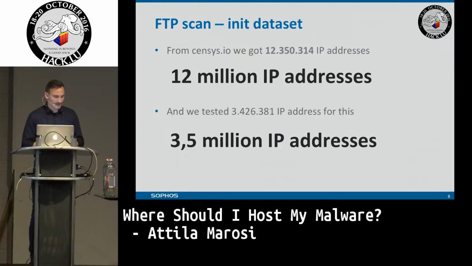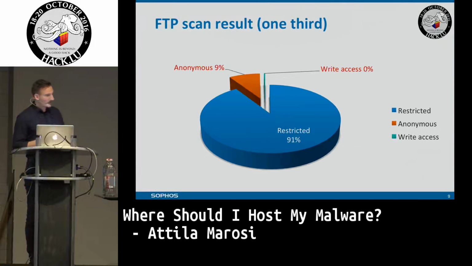So I tested 3.5 million of them. The result was that 91% was restricted, which is very good. 9% was where you were able to log in with anonymous login credentials, and there was 0% where you have write access.